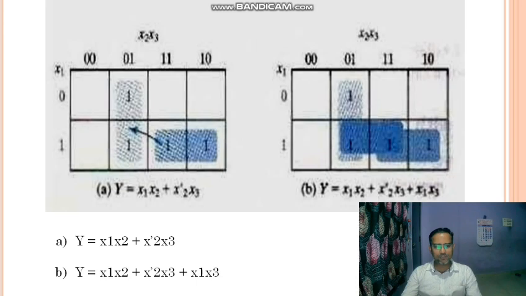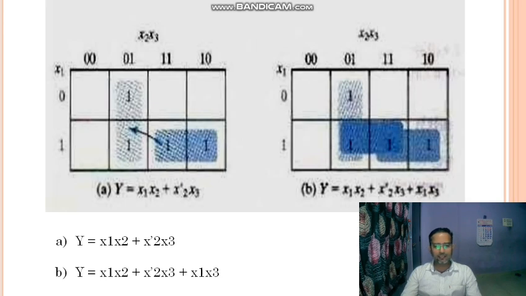Where is x1 x2? Here x1 has two values, 0 and 1. Here 1 is the exact value x1 and here 0 is x1 dash. So we take this row. Here x2 is there. Where is x2 available in the first term? The third bit is 11 and the fourth bit is 10. So here we have to mark the value 1.